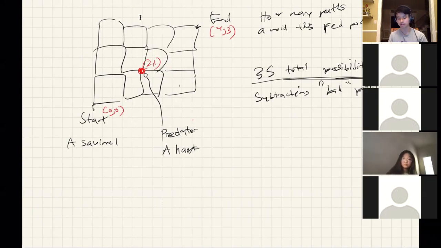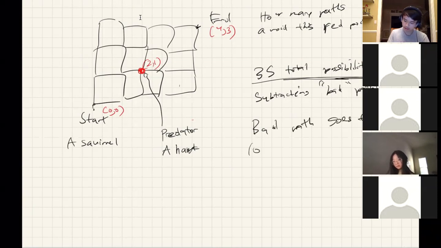So how many bad paths are there? A bad path goes from 0 0 to 2 1, and then it's going to go from 2 1 to 4 3.